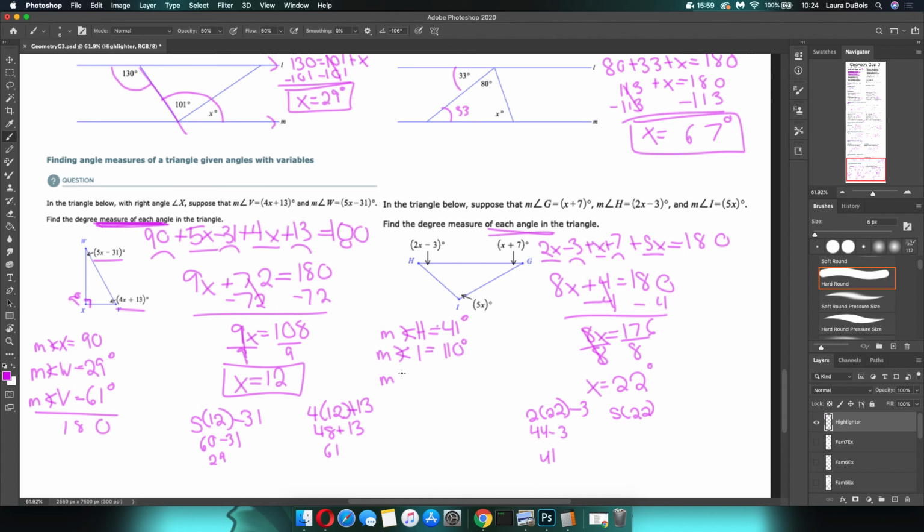And then the measure of angle G is going to be 22 plus 7, which is 29 degrees. Do they add up to 180? Let's double check my math. Yep, they add up to 180. So those are going to be your answers.